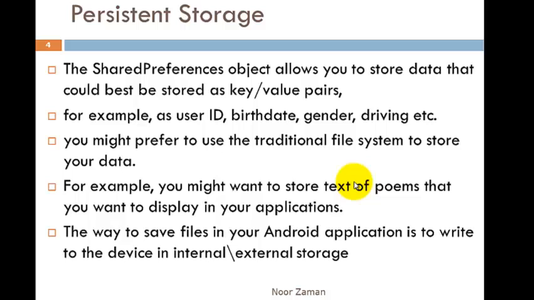Before going to the example, we will discuss a few of them: what classes and methods we use for writing, and what classes and methods we will use for reading.